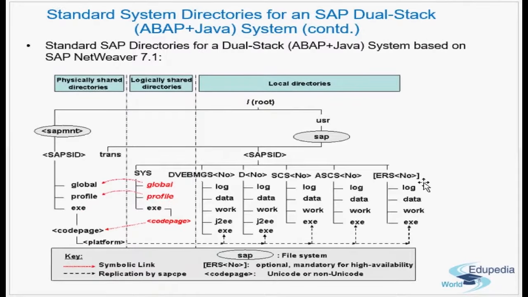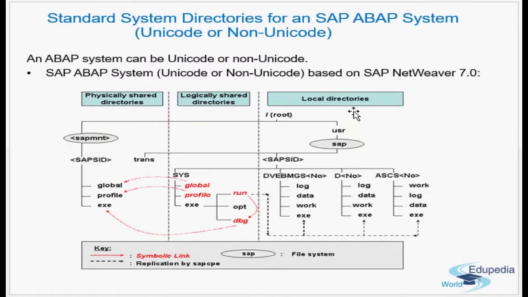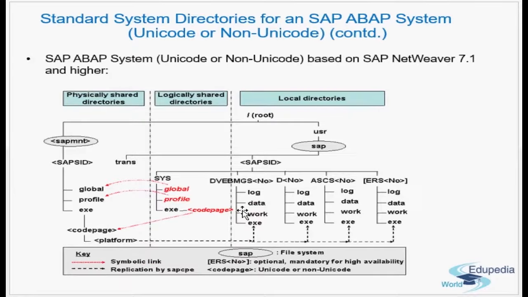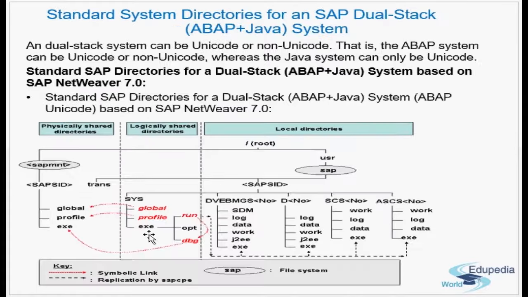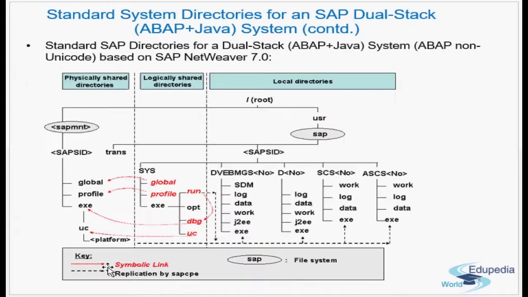So first, we started with 7.0 or lower ABAP Unicode or non-Unicode, where exe has run OPT DPG. In 7.1 or higher ABAP Unicode or non-Unicode, you have this code page. Now dual stack we have discussed: 7.0 or lower, ABAP is Unicode, same thing. When ABAP is non-Unicode, you have one more subdirectory for Java, Unicode.